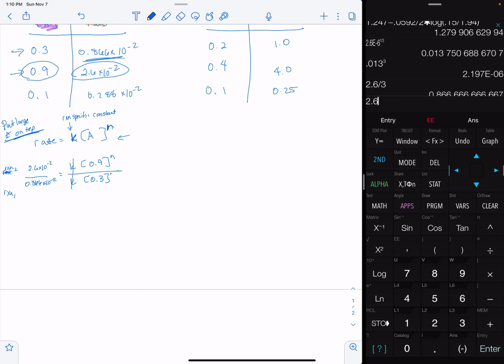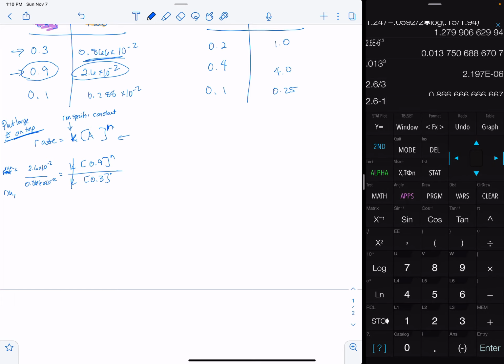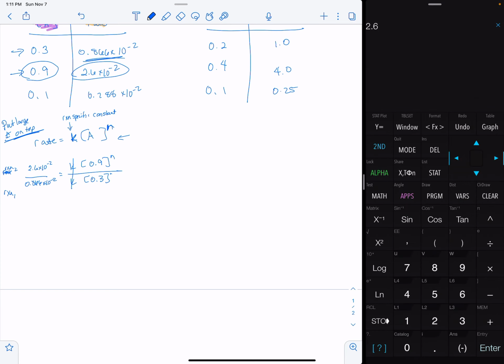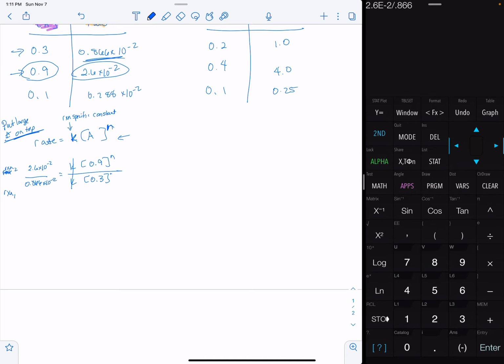So 2.6 e to the minus 2 divided by 0.866 e to the minus 2.